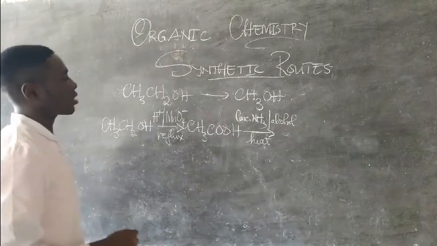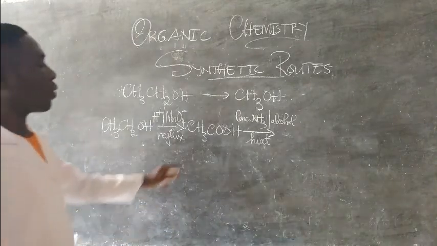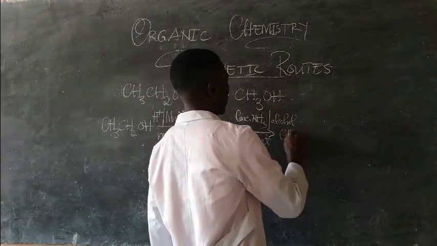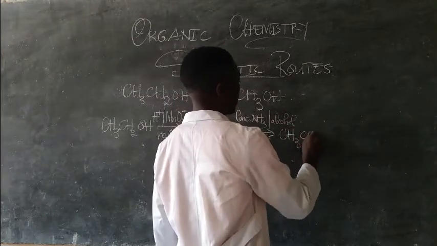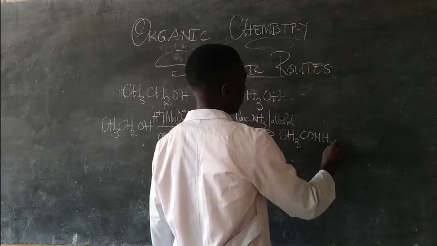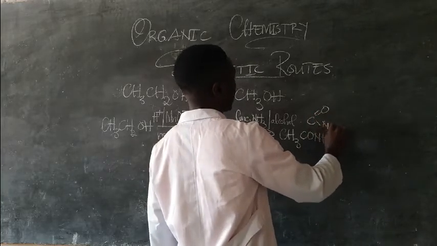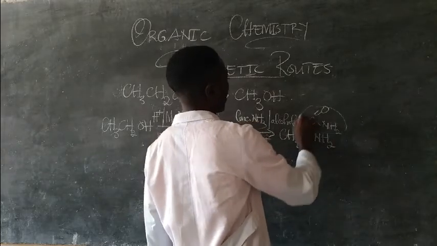So when you heat concentrated ammonia in alcohol with a carboxylic acid, you are going to obtain an amide. So I'm going to obtain CH3CONH2. Please, this group is called an amide, and it's different from an amine. So this is the functional group of an amide.